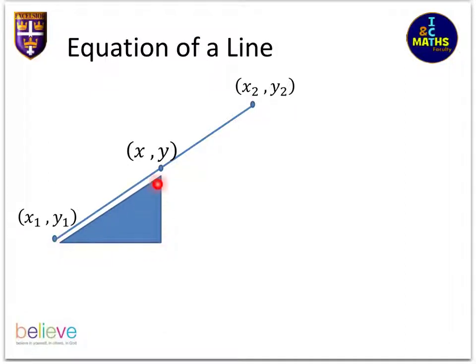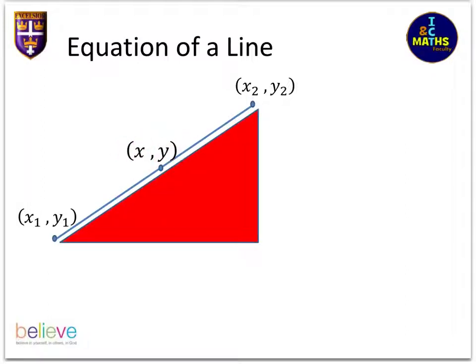I'm introducing this idea of the triangles again. So you can see this blue triangle here is made by having the start x1, y1, and it has its hypotenuse stretching up along that line up to the variable point xy. Here we have the other triangle.